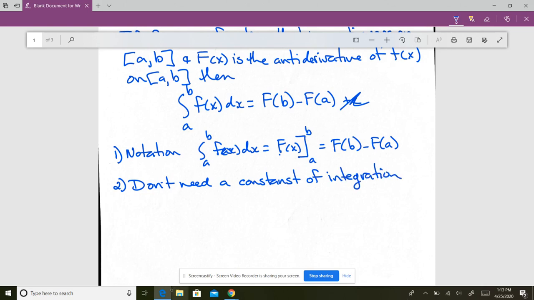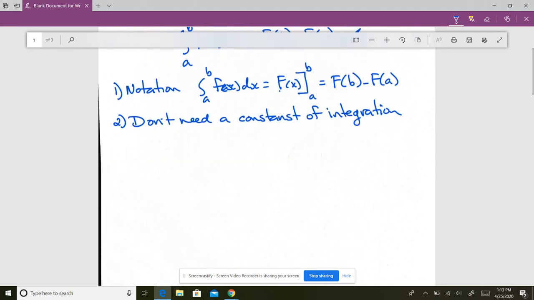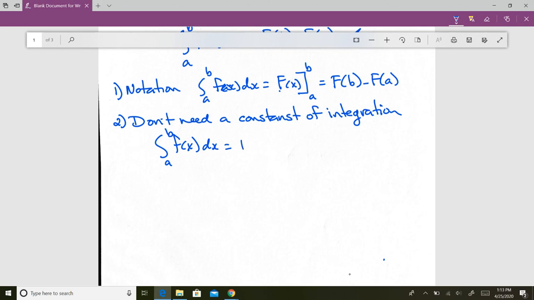And so if I evaluate the integral from a to b of f of x dx, what we've been saying is it would be the antiderivative plus your constant of integration, which would mean it would be F of b plus c minus F of a plus c.